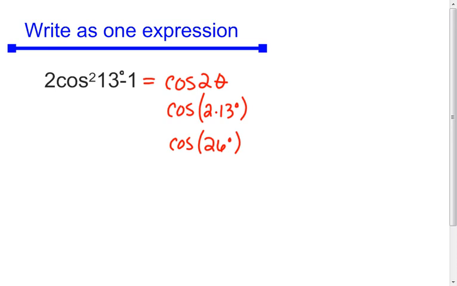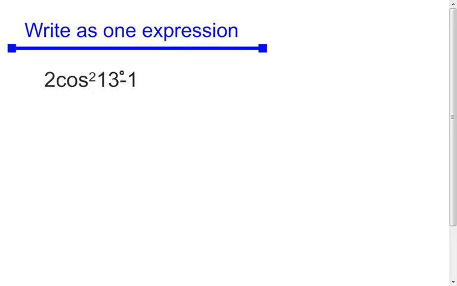I don't have coordinates for 26 degrees, so I can't find the cosine at 26 degrees. If it came out to be like 30 degrees, please find the cosine at 30 degrees. In this case, I don't have coordinates at 26, so I'm going to let you leave it like that. All right, here's our next one.